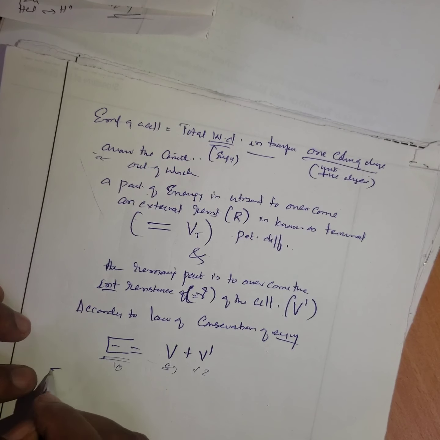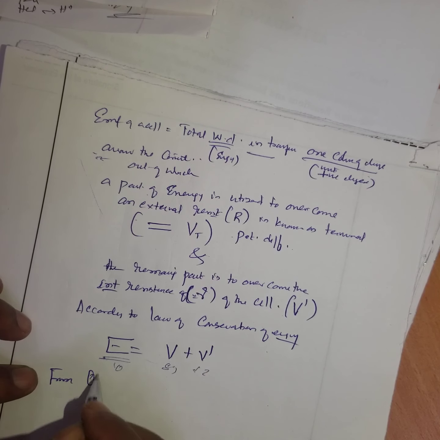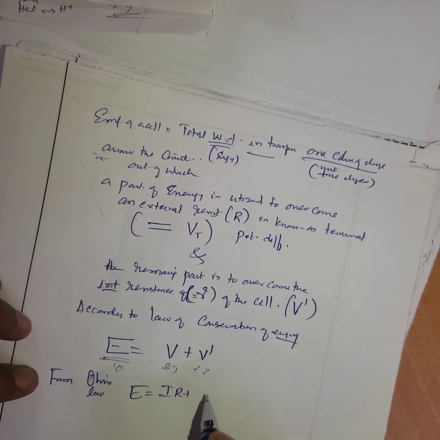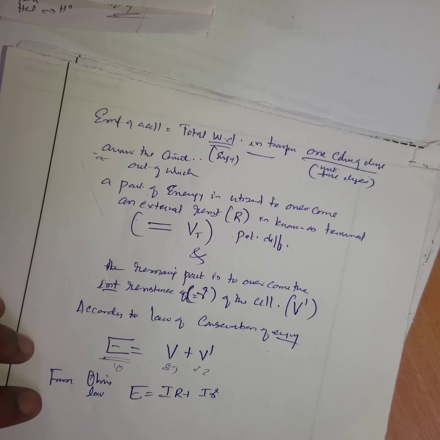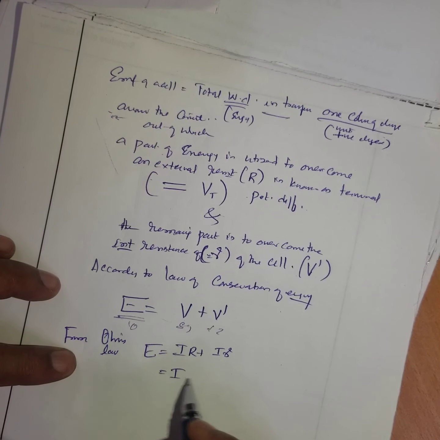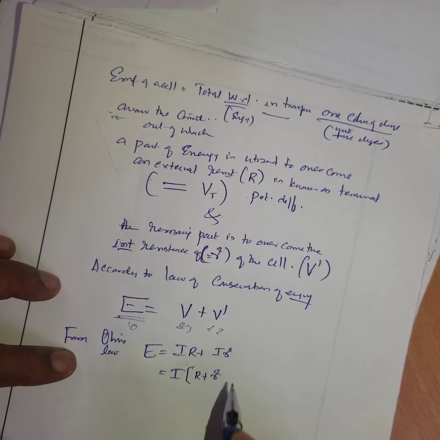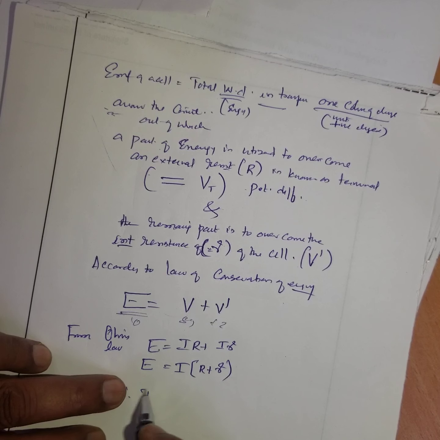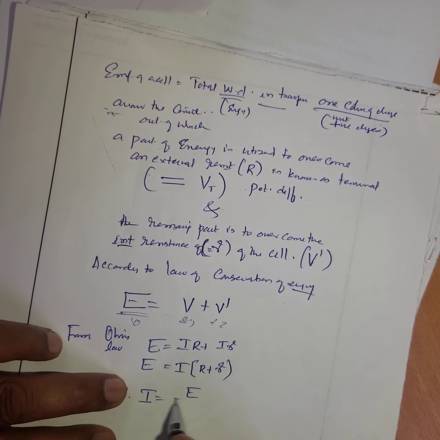From Ohm's law, E is equal to V plus V dash is equal to IR plus Ir, correct? Then current is common factor, I into R plus r is equal to EMF. Therefore, current is equal to E by R plus r.